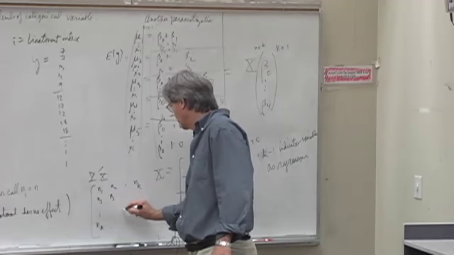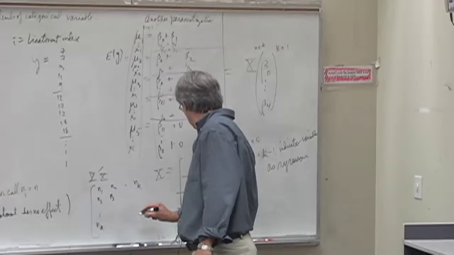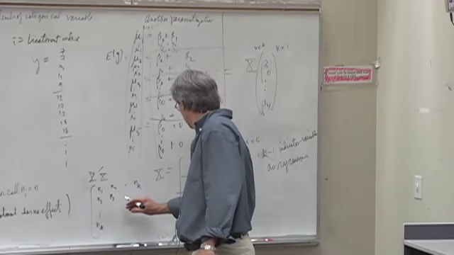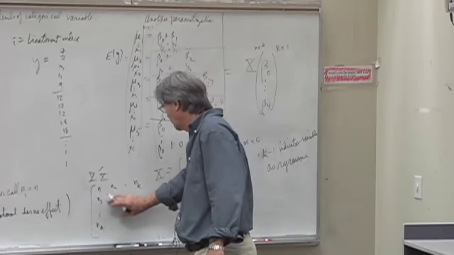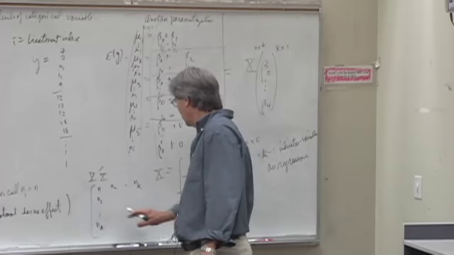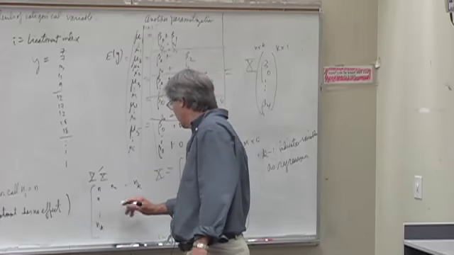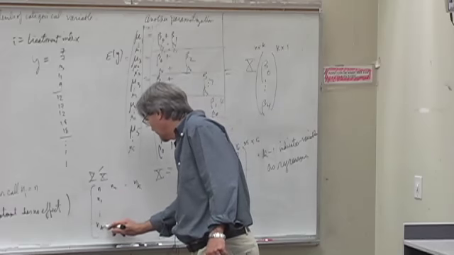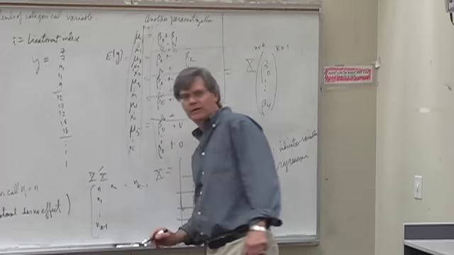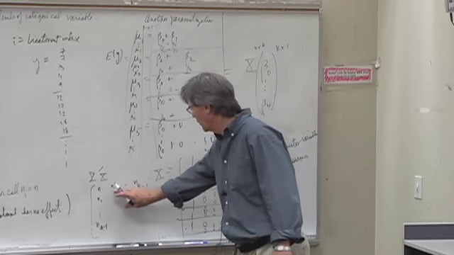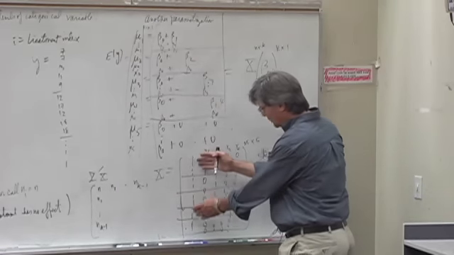I'm sorry, this is N over there. Oh yeah, it's n1 up to nk minus 1, because it's this column into itself.